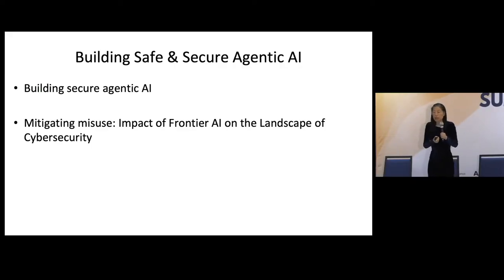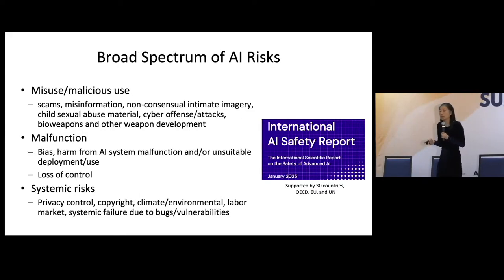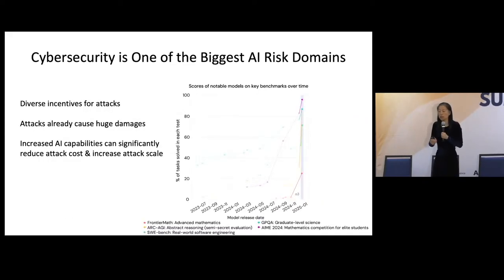So I want to now quickly go into the second part about mitigating misuse, in particular in the landscape of cybersecurity. As I mentioned earlier, with agentic AI, there's a broad spectrum of different types of risks that we need to pay attention to. But in particular, I strongly believe that cybersecurity will be one of the biggest AI risk domains.